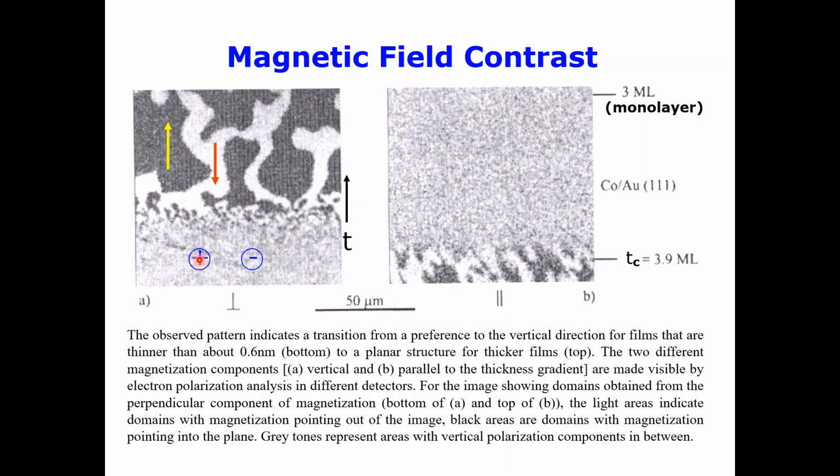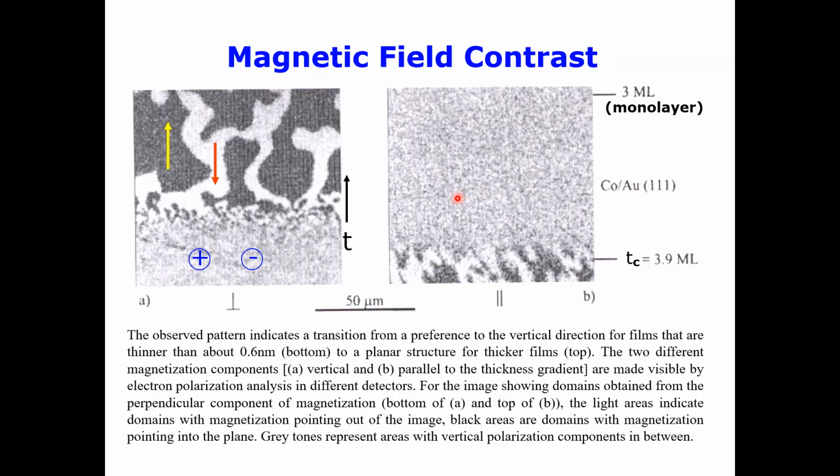So it is pointing out of the page. Inside these areas we have two sorts of areas, one brighter and one darker.